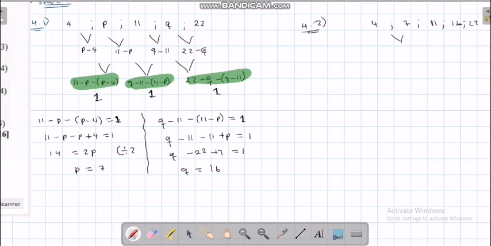So now let's find the differences. 7 minus 4 is 3. 11 minus 7 is 4. Then this would be 5, then 6. So this will be 1, 1, 1.